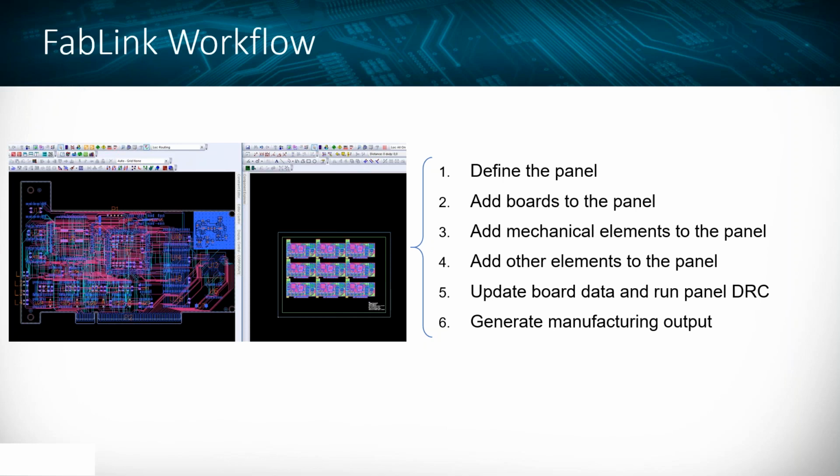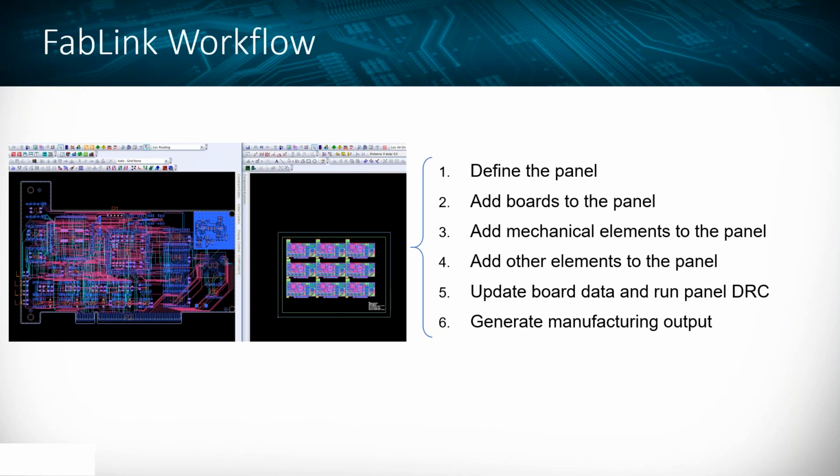So after we've gone ahead and added all of those other elements, including dimensioning, very important in the panelization process, we will go ahead and update that board data, again, making sure that we're working with the most current, up-to-date PCB data that we have. And then we will be running panel DRC checks.